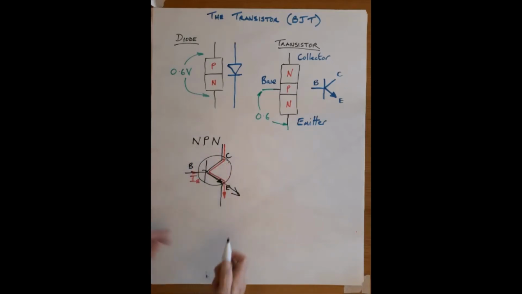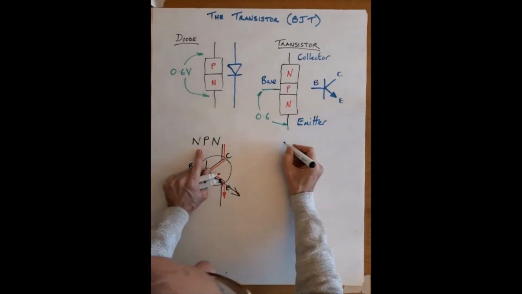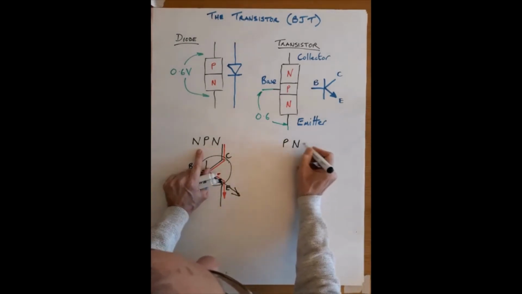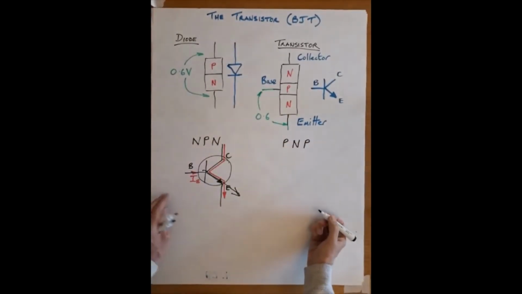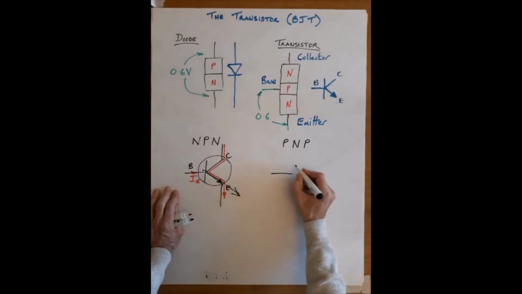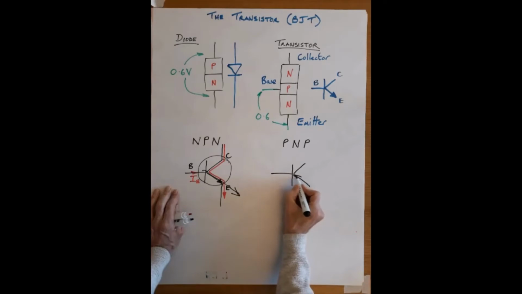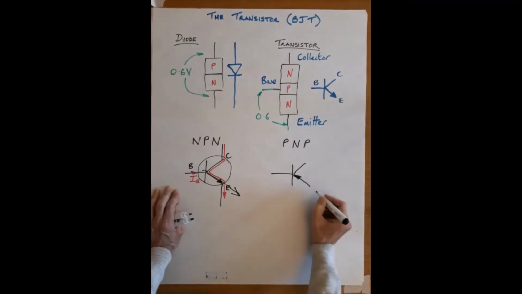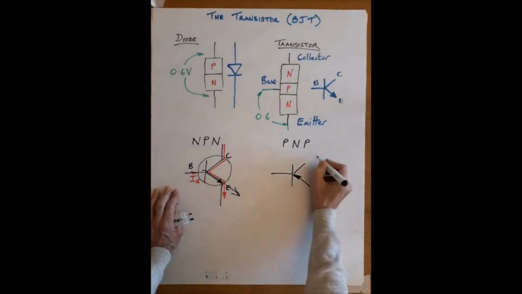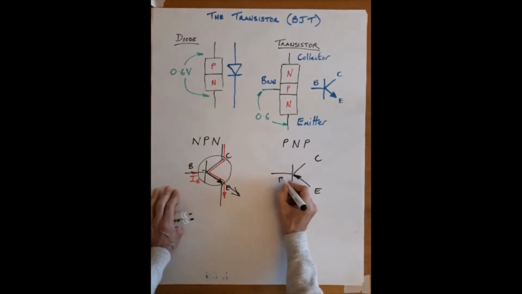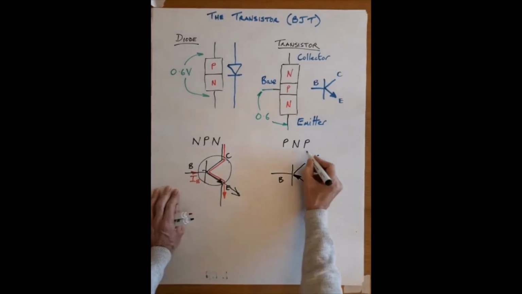So the arrow points away from the transistor, not pointing in. It has a complementary transistor, which is just the opposite, PNP. So very quick sketch. Arrowhead, always the emitter, the collector, and the one going into the flat side is the base.